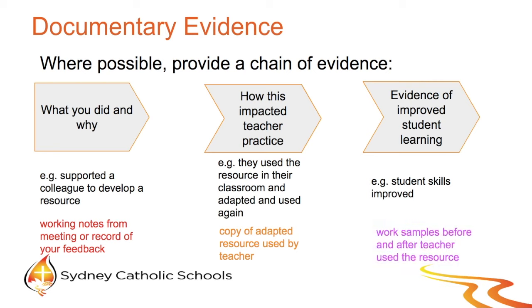And then finally, to show that it actually made its way to the students, perhaps work samples before and after the teacher used the resource. So the documentary evidence in this case would be made up of those working notes, followed by an adapted copy of the resource, followed by some work samples, telling a great story of what the teacher did.